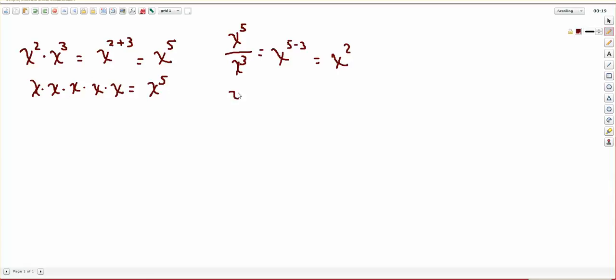And we can do a similar exercise that we just did before. So we can do 1, 2, 3, 4, and 5. That represents the x to the 5th on the top. Now we have 3 on the bottom. 1, 2, 3. Now here, we have similar things on top and bottom. Now I can go ahead and cancel these. The reason why I can cancel is because I have multiplication between those.